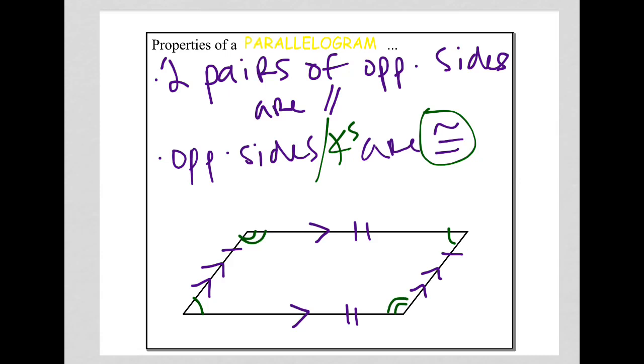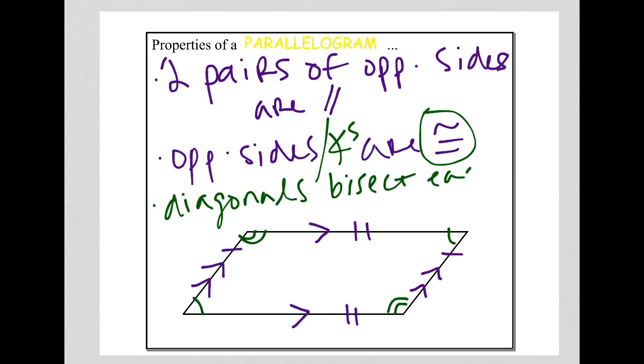We have that the diagonals bisect each other, meaning the diagonals cut the other ones in half. So this diagonal cuts this one directly in half, and vice versa. Obviously not drawn to scale on here.